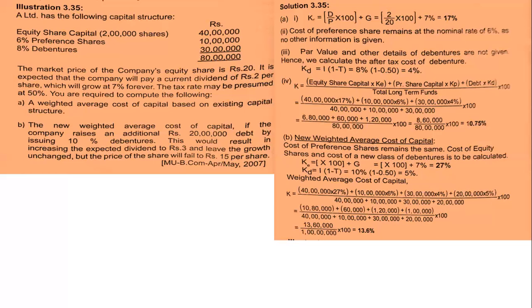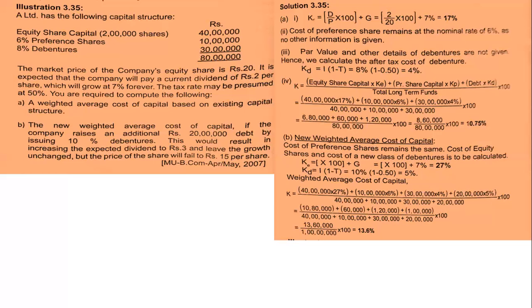Okay, fine. Now, here the problem is a bit different from typical other problems. Here they have given two circumstances. One is already given, and under another circumstance they are asking us to calculate the weighted average cost of capital by considering the additional issue of 20 lakh debt, and they have also given the effect of issuing debt.